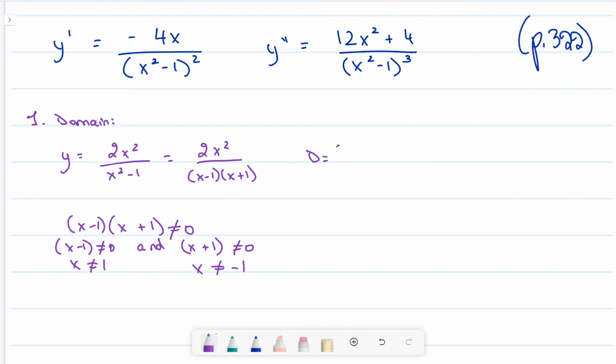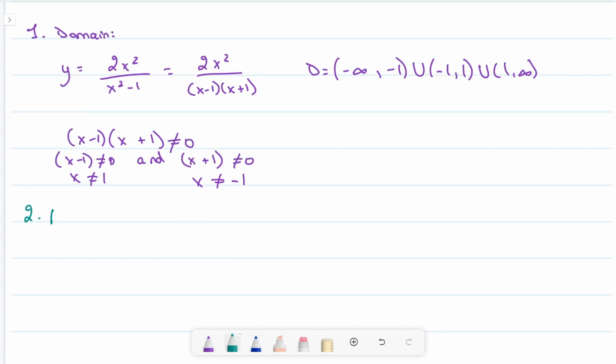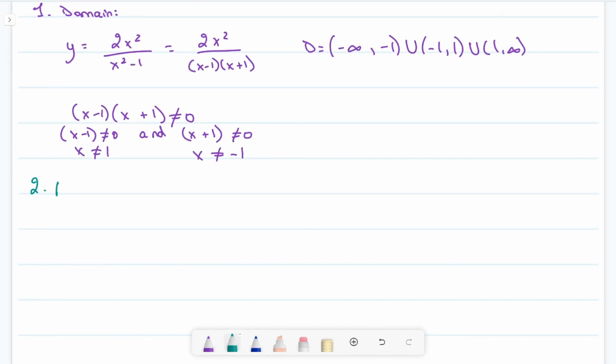So the domain is equal to, let us write this with intervals, negative infinity till negative 1, of course open parentheses because we do not include negative 1, union negative 1 till 1, union 1 till infinity. So this is the domain. Now let's move on to intercepts.